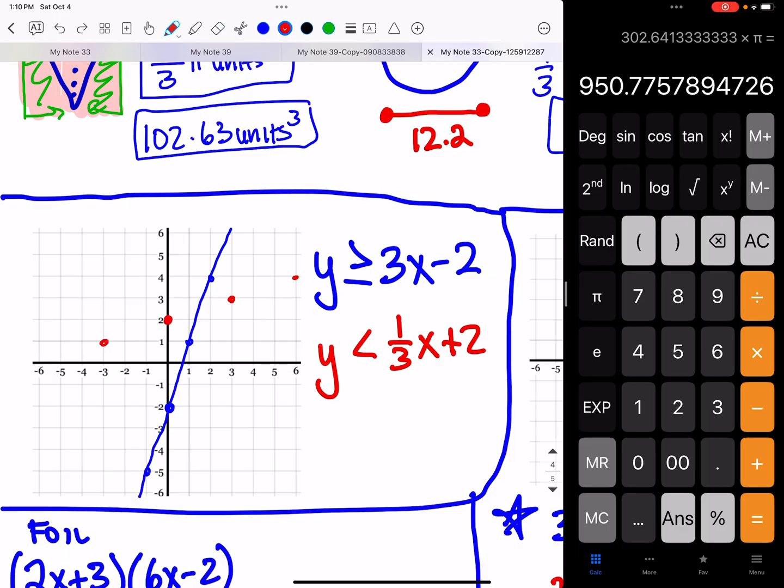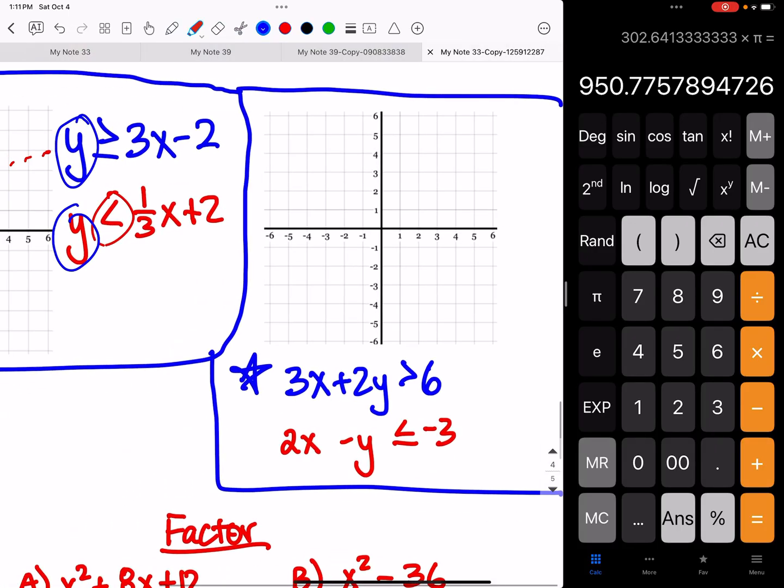Oh wait, it's just greater than, so we're using a dotted line. And we need the ones that are bigger, the y's are taller than the blue line, smaller than the red line. So that's this area over here. The y's are smaller. So there we go.